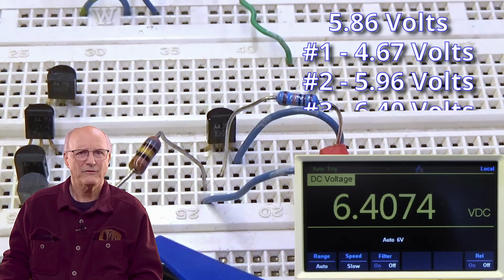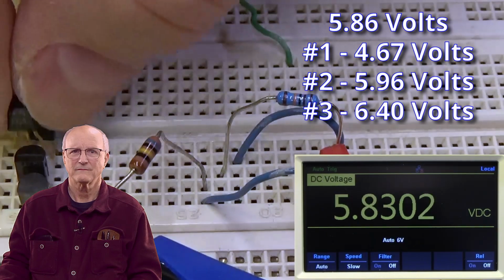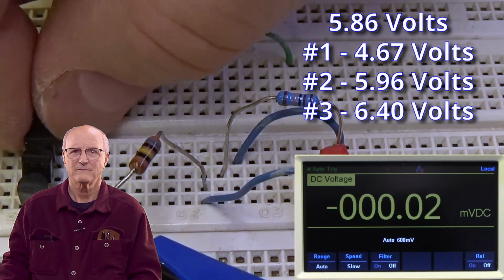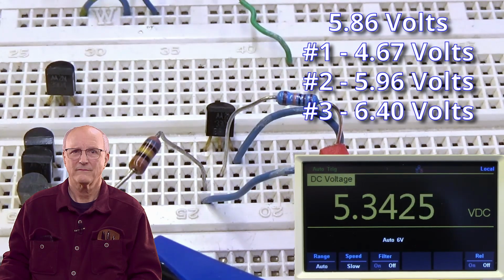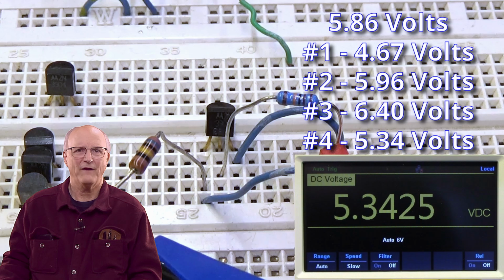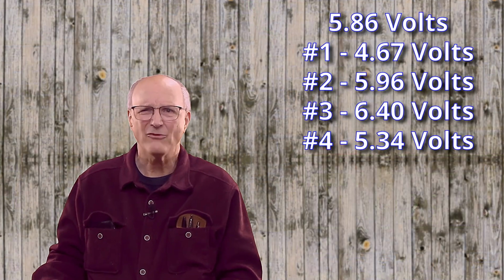The third yields 6.4 volts. And the last gives me 5.34 volts. Man, these readings are all over the place. How can we deal with that? That answer lies in a video to come on a beta stable design.